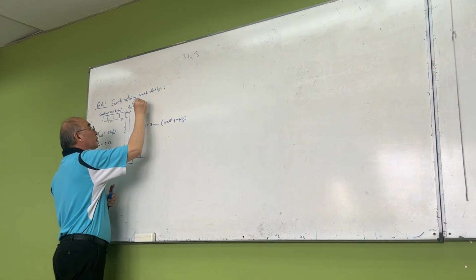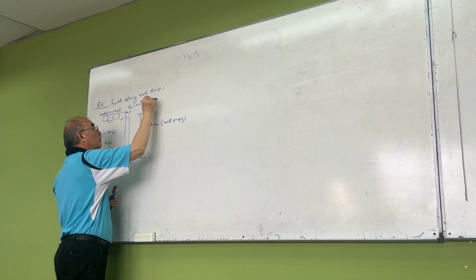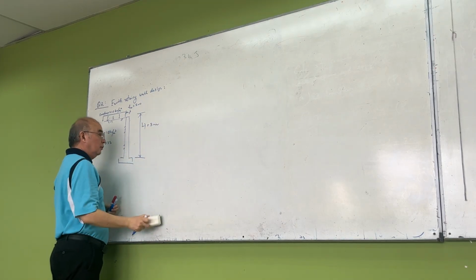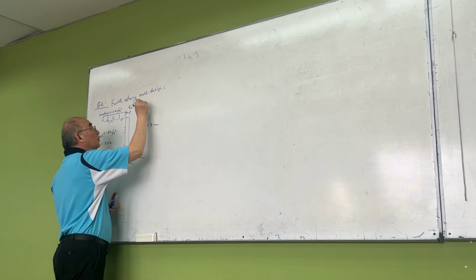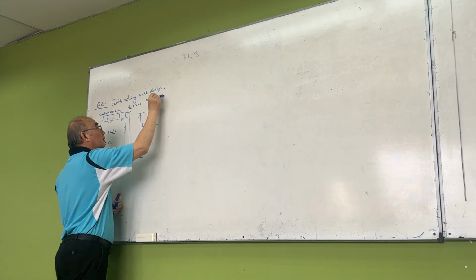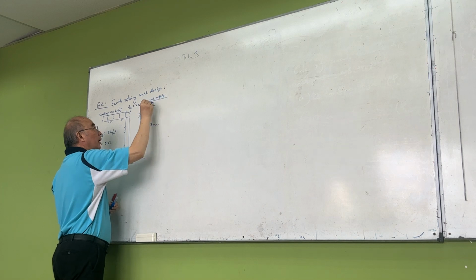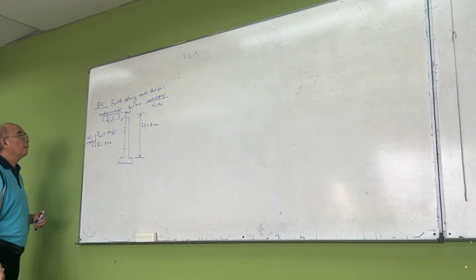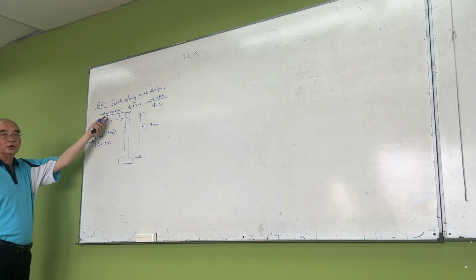So the wall properties are the height of the wall as well as the thickness of the wall. And then the surcharge.